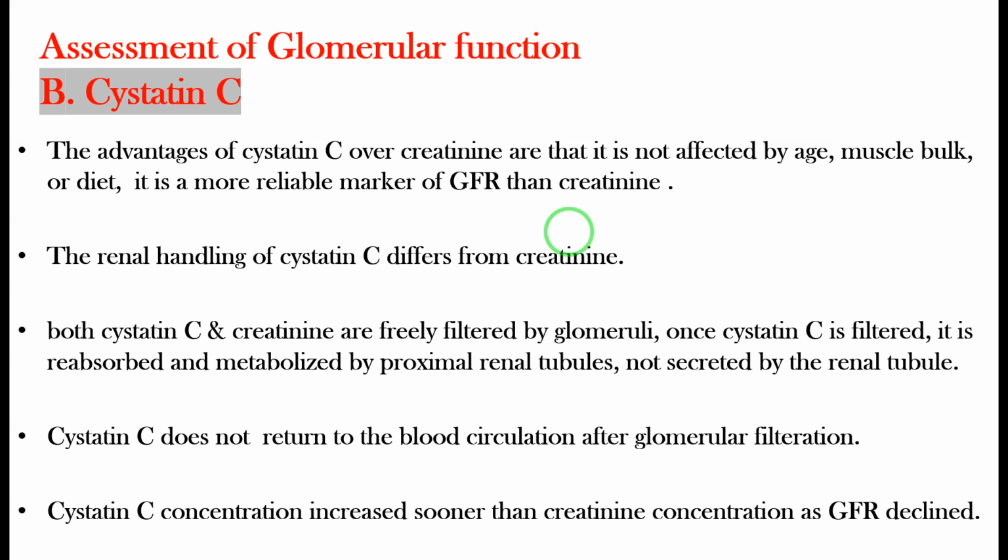It is freely filtered by the glomerulus. It is not returned to the blood circulation after filtration. When there is damage to the kidney and a decrease in the GFR, as we mentioned in the previous table, if we compare the plasma creatinine and the plasma cystatin level, we will find that the plasma cystatin C level will increase sooner than the creatinine concentration, and this is very useful.